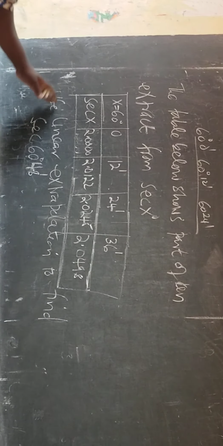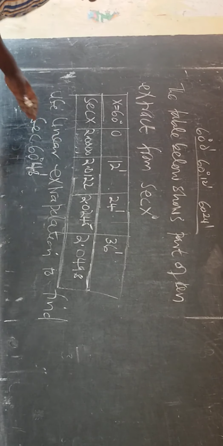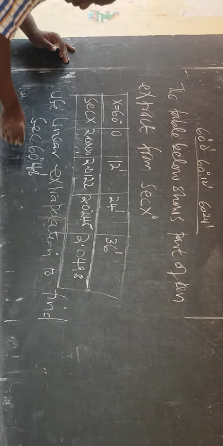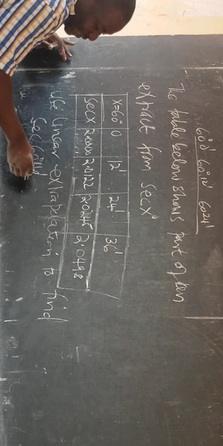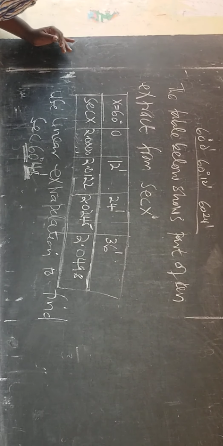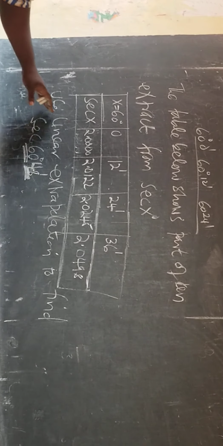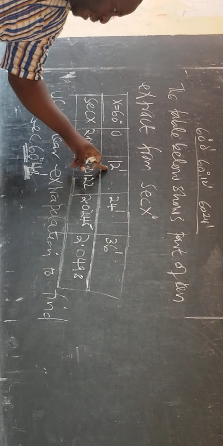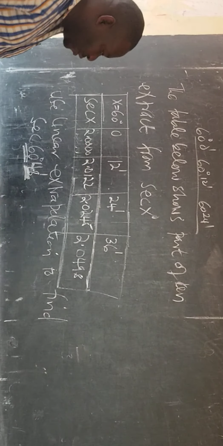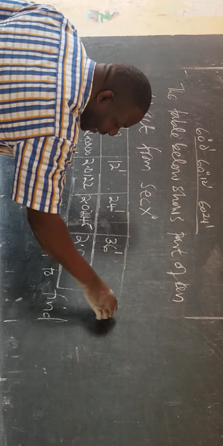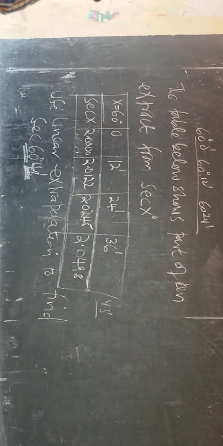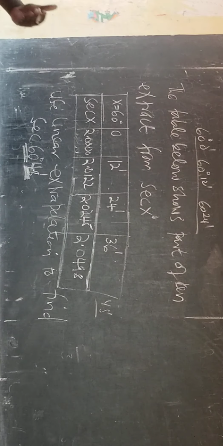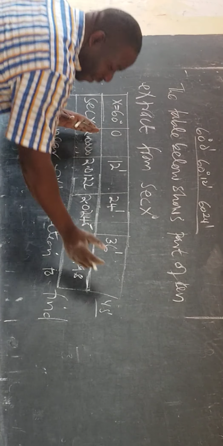So we are being asked to use linear extrapolation to find the sec of 60 degrees and 48 minutes. When you look at our table of extract, we are having the minutes starting from 0, 12, 24, and 36. So we realize that the 48 minutes is outside the interval. So that is an extrapolation, because we're going to estimate a value which is not within the given set of values.